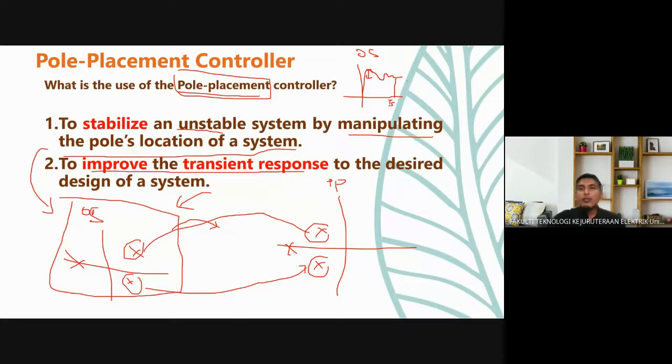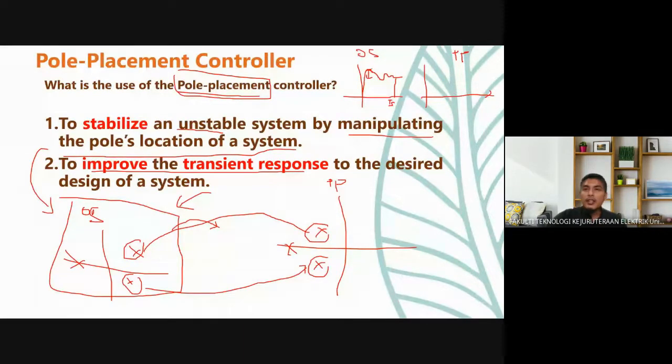When you apply the pole placement, you can modify the percentage overshoot and the settling time of the system to whatever you want. So this is the use of pole placement.